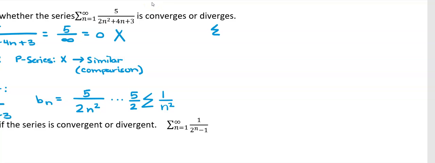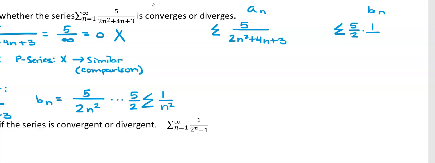When we're comparing these two, this is my a sub n, and I'm comparing it to my b sub n. I know that this is going to be a p series.